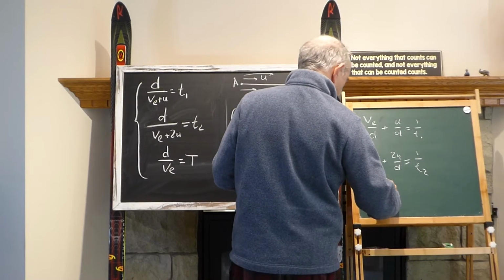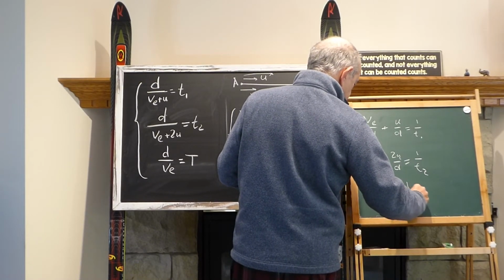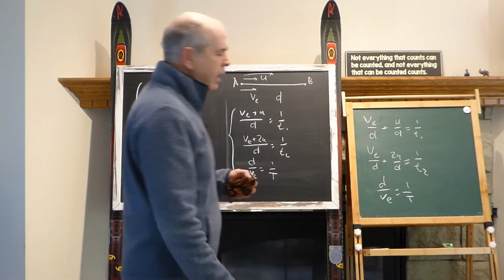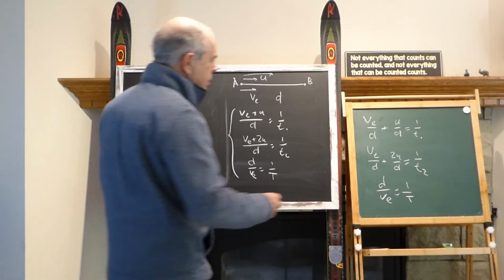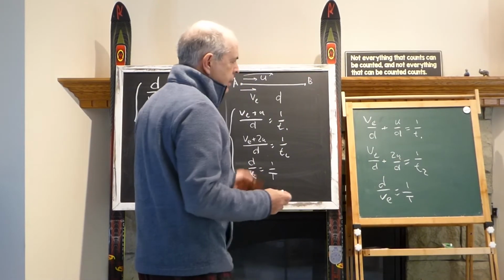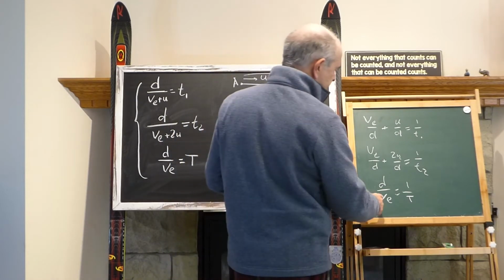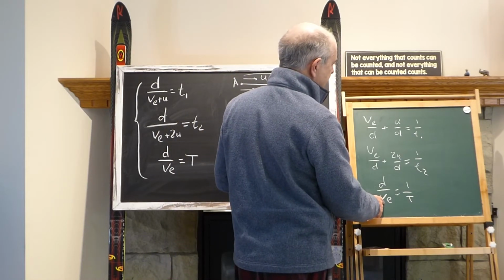D over VE equals 1 over T. So these are those three equations, and if you remember, I suggested that you call this X and this you call Y. But even this is not necessary, because, for example, you want to find this ratio.